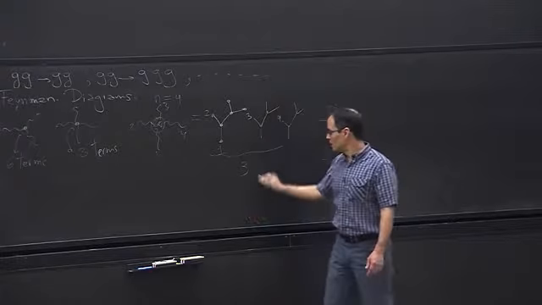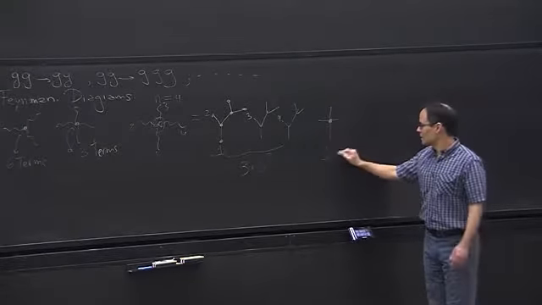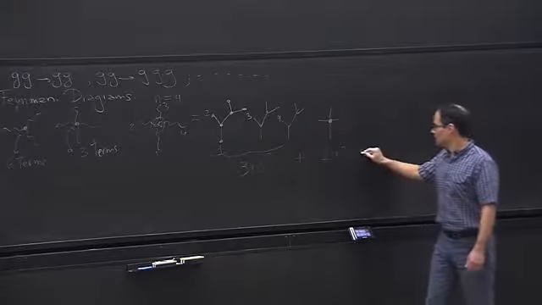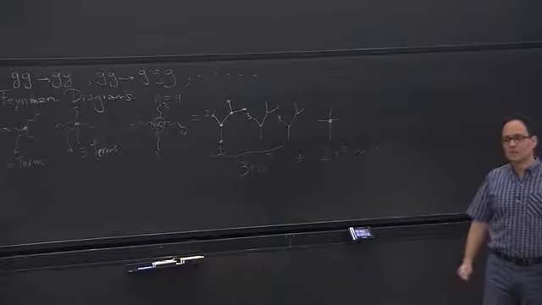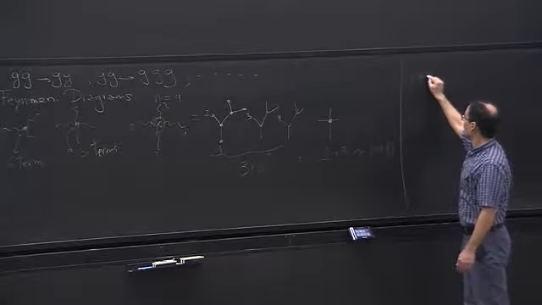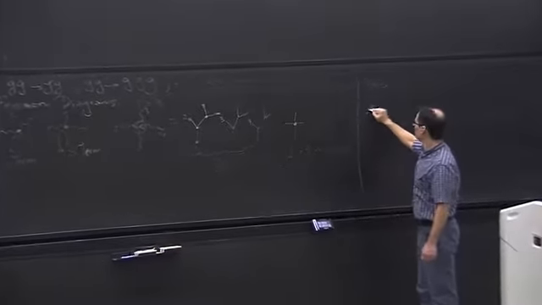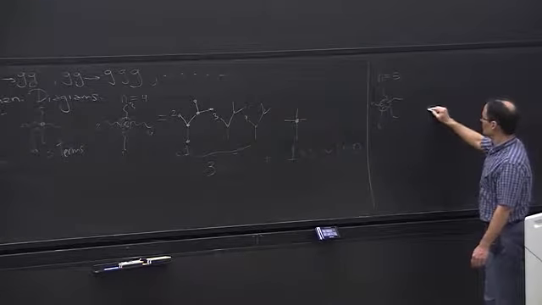So each one of these will give you 6 squared. I'm being generous, saying we can multiply just by 3, and this is around 100 terms. Even the 2 to 2 scattering is 100 terms. How about the next one? For 5, what do we have? So we have these diagrams.